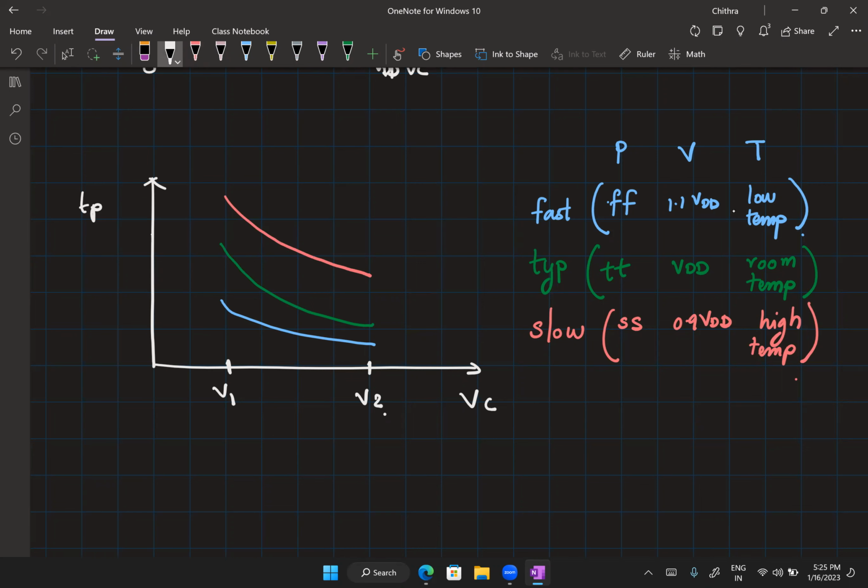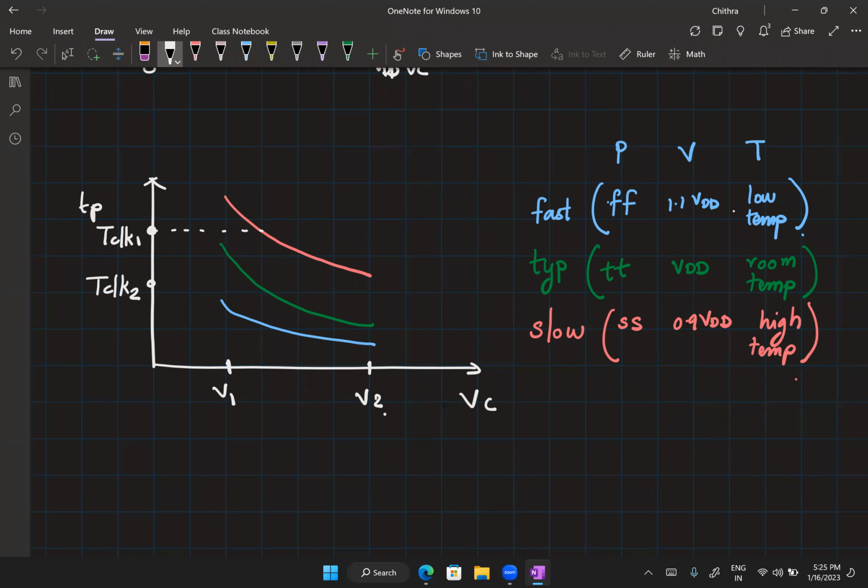Now, let's say this was my first clock, T clock 1. And let's say I had another clock, T clock 2. Can you comment on whether I can lock this delay line to T clock 1 or T clock 2? Right.